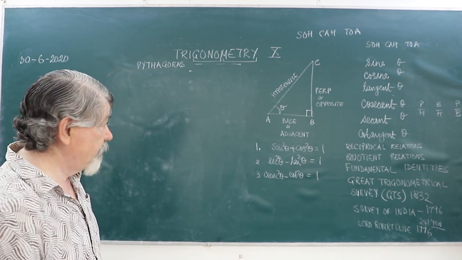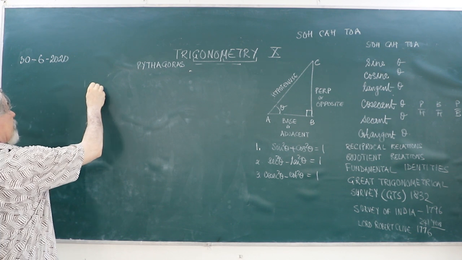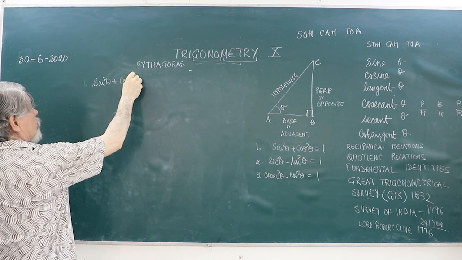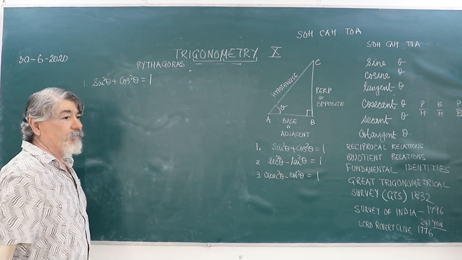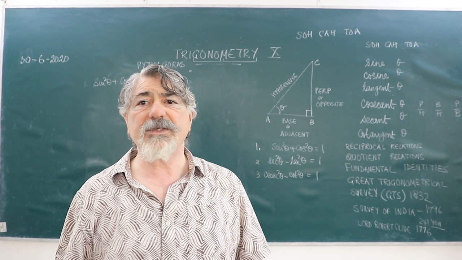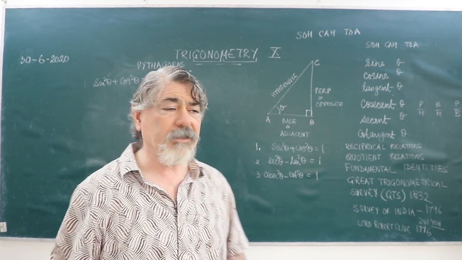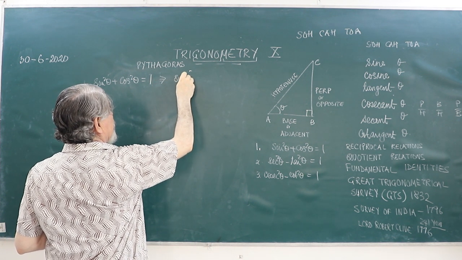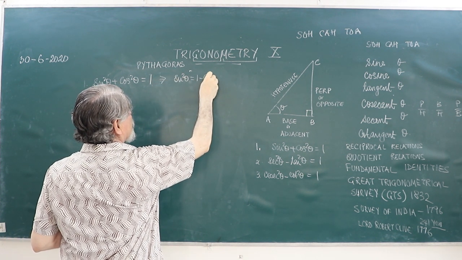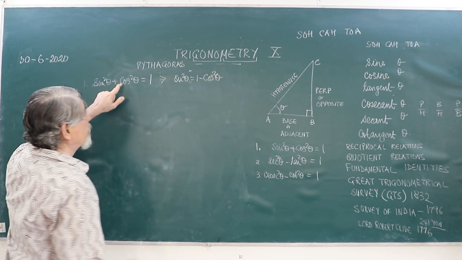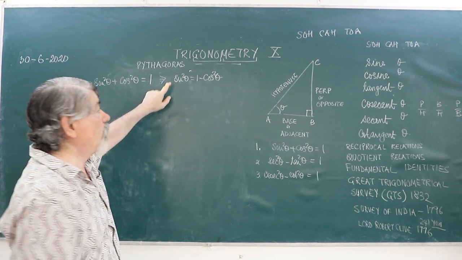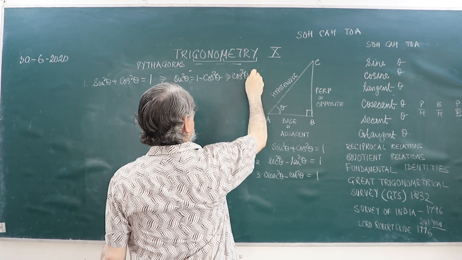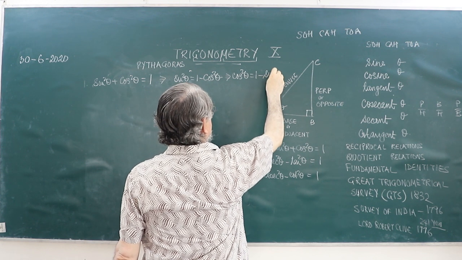Like if you have, the first statement is sin square theta plus cos square theta is equal to 1. Suppose I want to write sin square theta in terms of cos square theta. So I can write sin square theta is equal to 1 minus cos square theta. I shifted cos square theta to that side. Or if I want to calculate cos square theta, then I can write cos square theta is equal to 1 minus sin square theta.